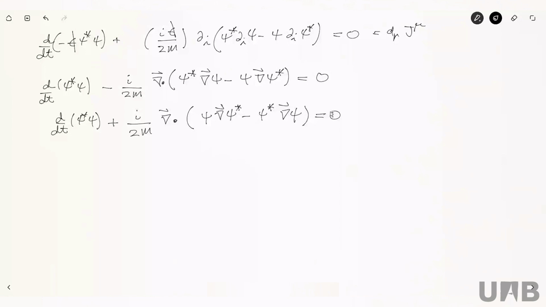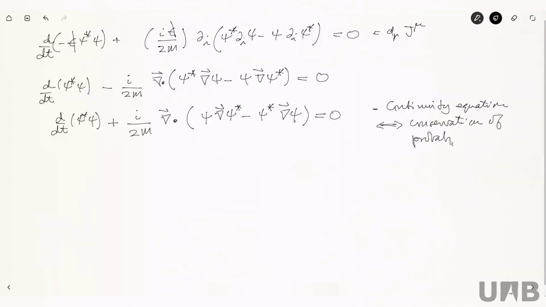Continuity equation. Absolutely. So this is the continuity equation, which is the conservation of probability, where rho, now this thing we can write as d/dt of rho plus divergence of j equals 0, where rho equals psi star psi is the probability density, right?